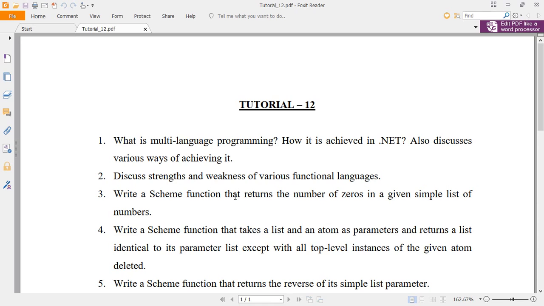Once you read the material that I have provided, that is, how multi-language programming is achieved in .NET, you are also recommended to go through the Java Native Interface. At the same time there are many other aspects of multi-language programming, such as how we can call assembly language code in C and C++, and how you can call a Java function from MATLAB.